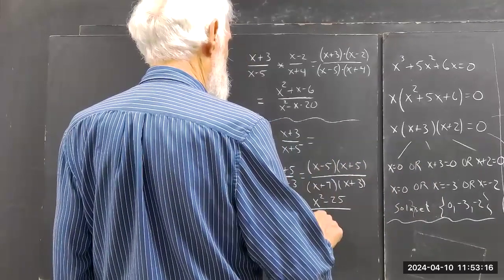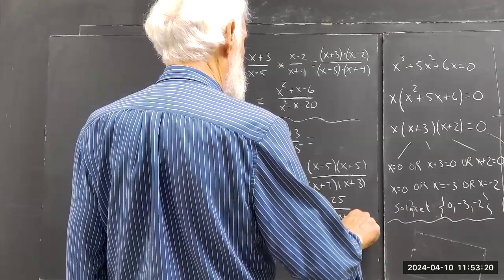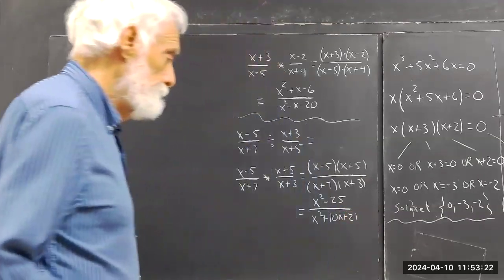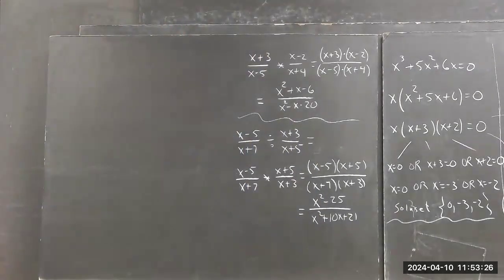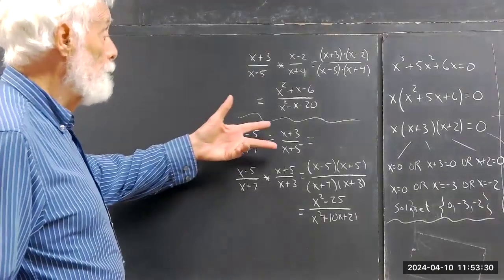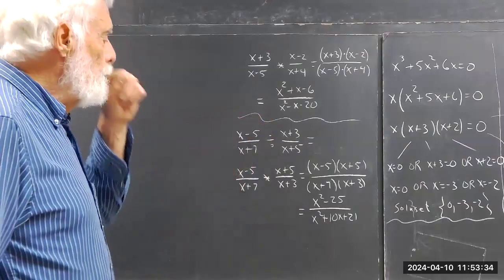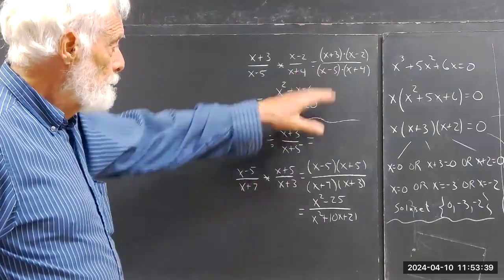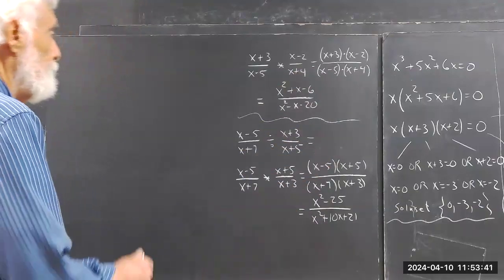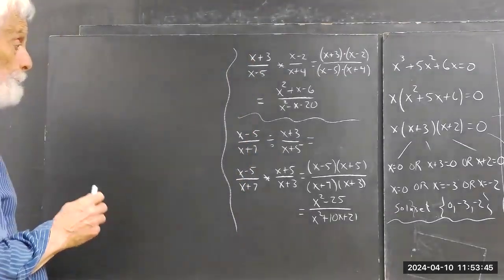And down here, we're going to have x squared plus 10x plus 21. Okay. So that's really easy. All I got to do is remember for division, you got to take the reciprocal of the divisor. Then you multiply numerators and multiply denominators. And I think people are pretty good with the distributive law. If not, practice more. Okay.